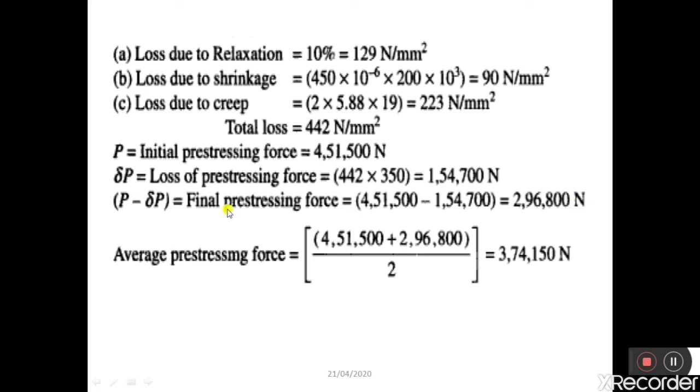Now, if I consider the average prestressing force, I will consider initial plus final prestressing force divided by 2. Therefore, the average prestressing force will be 3,74,150 Newton.